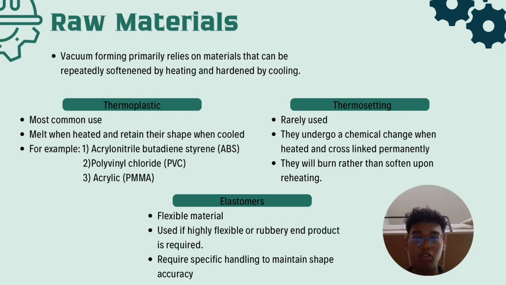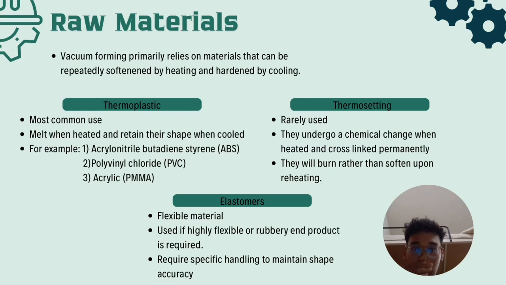The most suitable material for this process is thermoplastic, which is the most commonly used. This material melts when heated and retains its shape when cooled. For example, we have ABS, acrylonitrile butadiene styrene, polyvinyl chloride, PVC, and acrylic, PMMA.